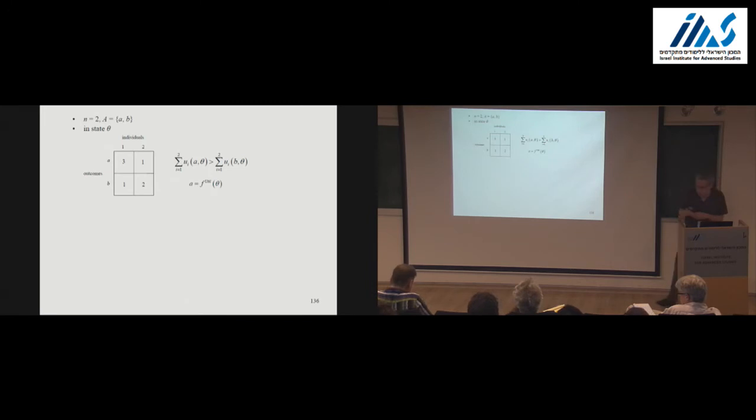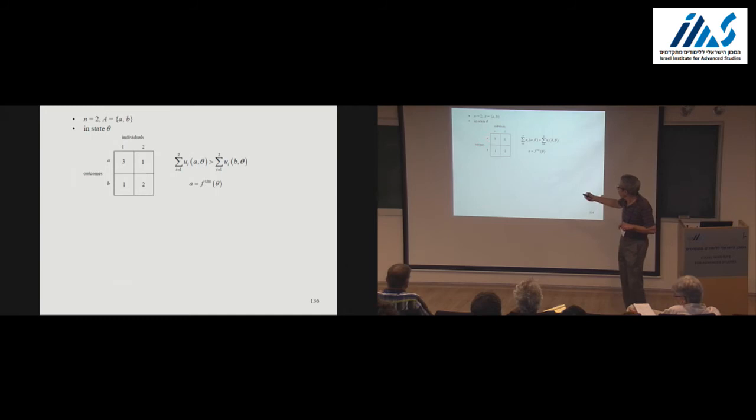Suppose that there are two people and two possible outcomes A and B. And here's a table of utilities in state theta.